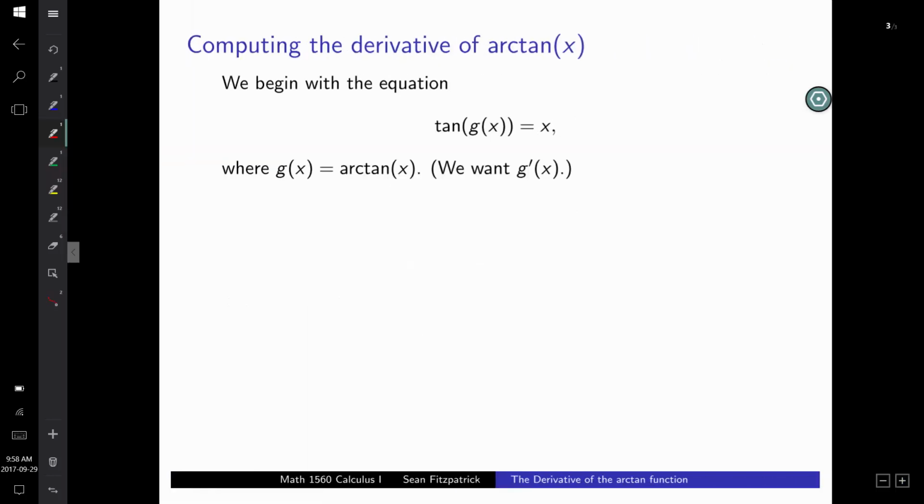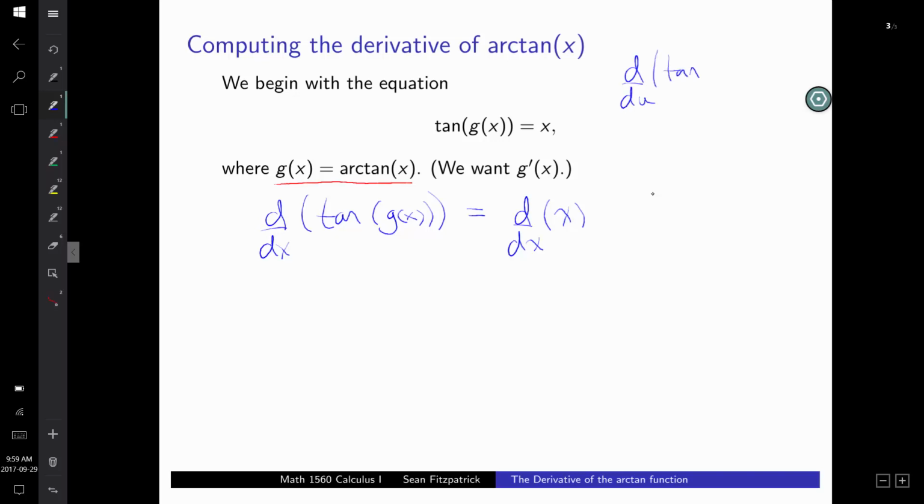Last time we tried to tackle this using implicit differentiation. This time let's think of this more as a chain rule problem. So we let g of x equal arctan of x. Of course, you have probably caught on by now that implicit differentiation and chain rule are really the same thing, so there are no surprises there, but let's do it this way. The derivative of tan of g of x is equal to the derivative of x. Remember that the derivative with respect to u of tan u is secant squared u.